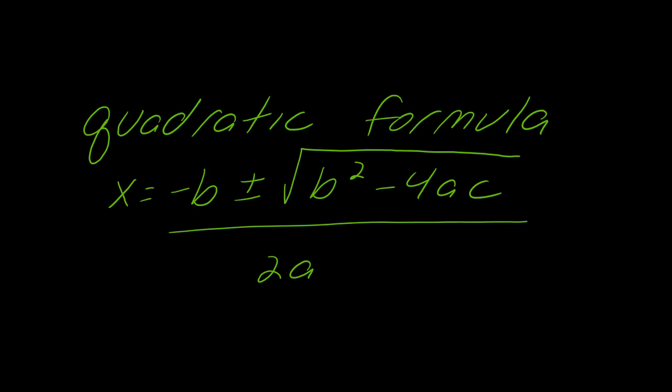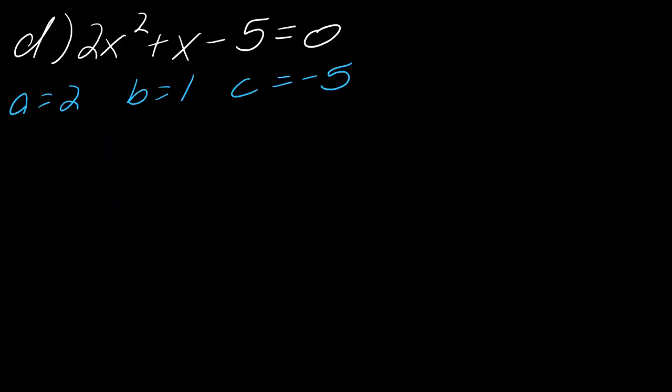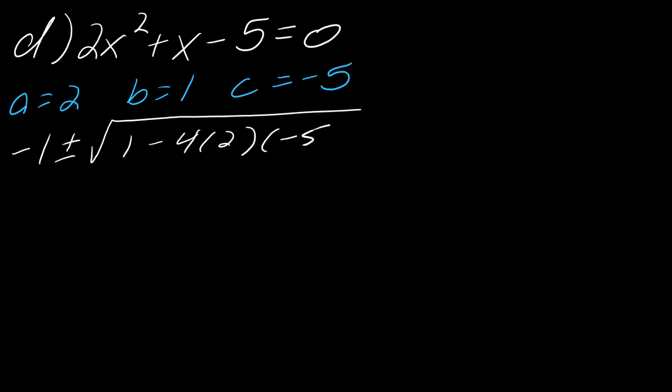So I'm just going to go ahead and just use this right away. So this is going to be negative b plus or minus the square root of b squared, so 1 squared is just 1, minus 4ac, over 2a. So there's everything.